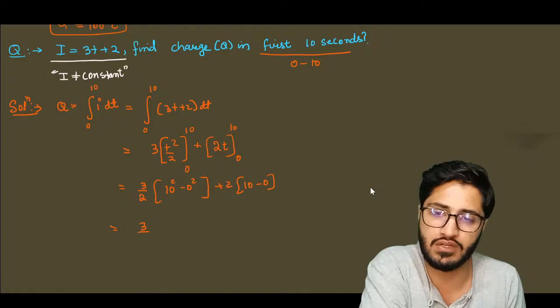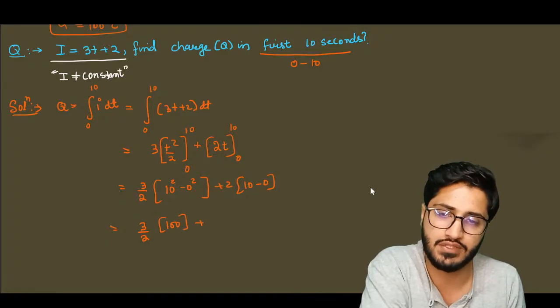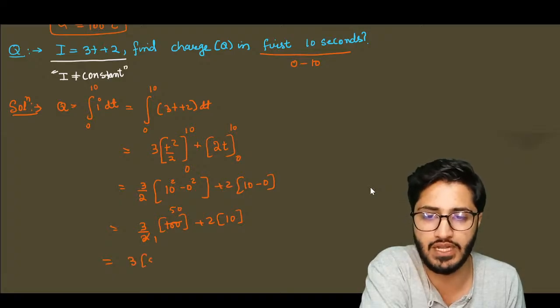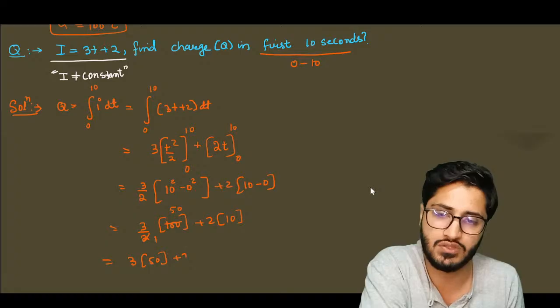It is 3 by 2 into 100 plus 2 into 10. The 2 ones are 2, 2 fives are 10, 2 zeros are 0. So we will have 3 multiplied by 50, then plus 20.